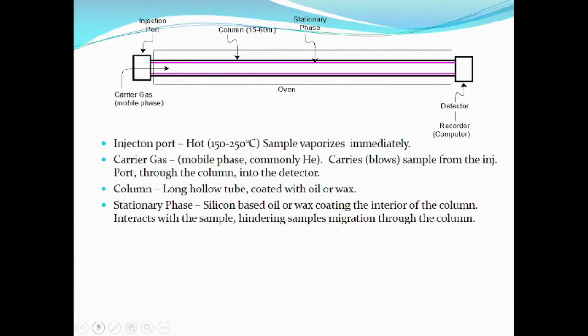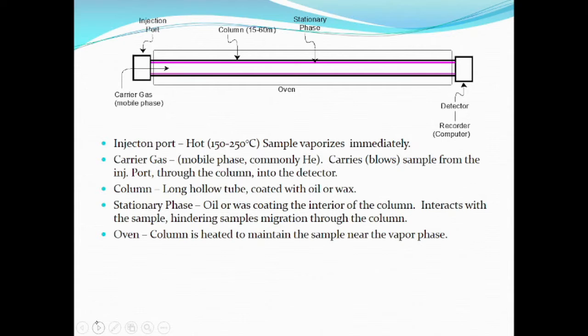The stationary phase is usually some silicon-based oil or wax that's coating the interior of the column. Standard column lengths right now for analytical columns is around 30 meters or 100 feet in length. And the diameter is typically a third or a quarter of a millimeter in diameter. And the coating inside that column is typically on the order of micrometers in thickness.